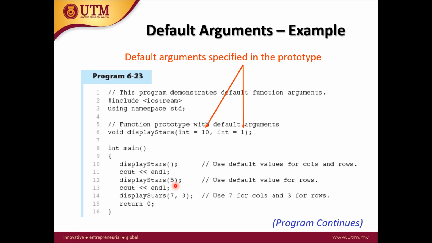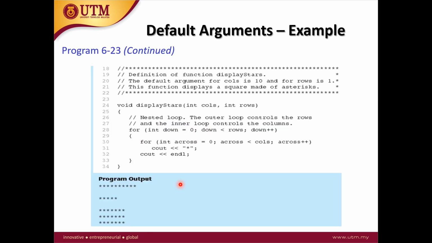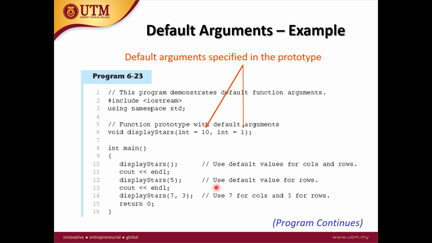So this 5 is going to be replaced to this 10. So this 10 is becoming 5. It's not going to take the default value. Why? Because we have sent a parameter. So what is going to be in the output? 5 cols and only 1 row. Why? Because the row default is 1, but we have sent 5 to the cols, so the cols are going to be replaced to 5.